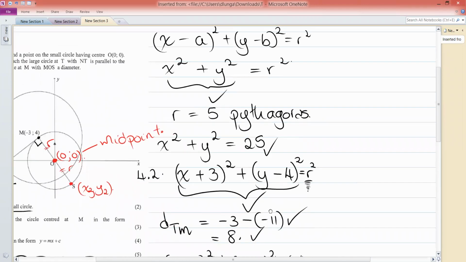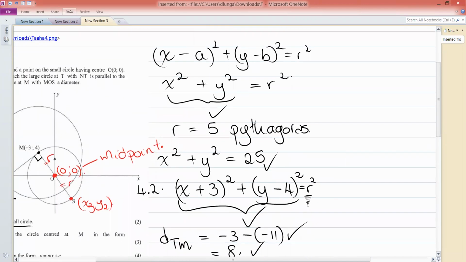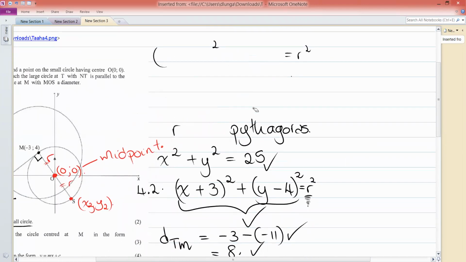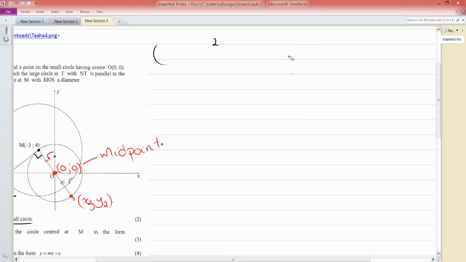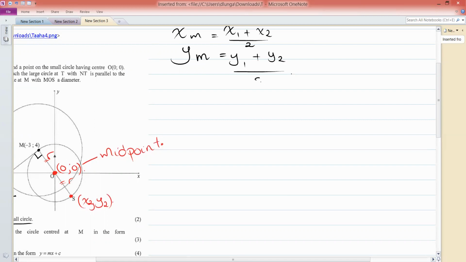Right, I want to work on this side. I'm just going to erase this. Okay, so based on that, we're going to use the midpoint theorem, and just plug in and use your inverse operations. So you have your xm, ym, right? So x1 plus x2 divided by 2, then y1 plus y2 divided by 2.